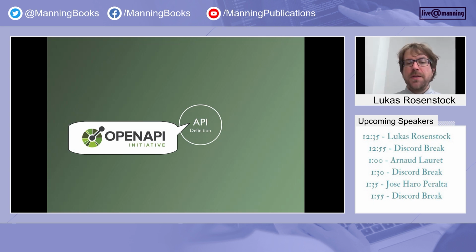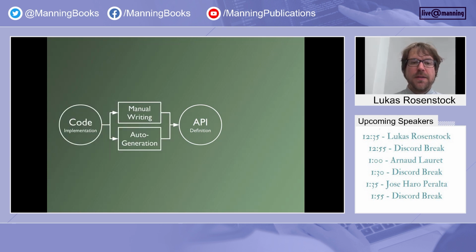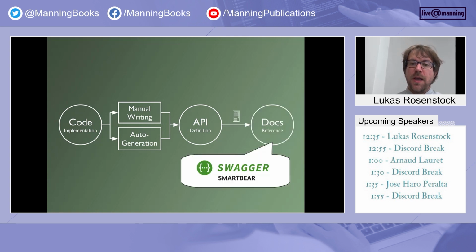Now, there's one way to use OpenAPI, and that is to have an existing API, take your implementation, and then either through auto-generation or manually document that implementation as your API definition. And then you can use that OpenAPI definition and you can generate reference documentation using a tool like Swagger UI.